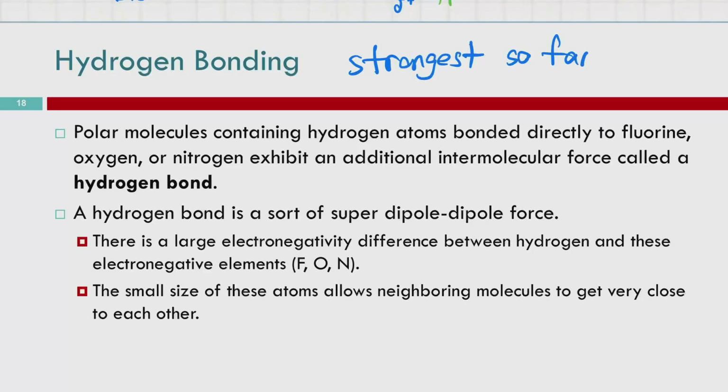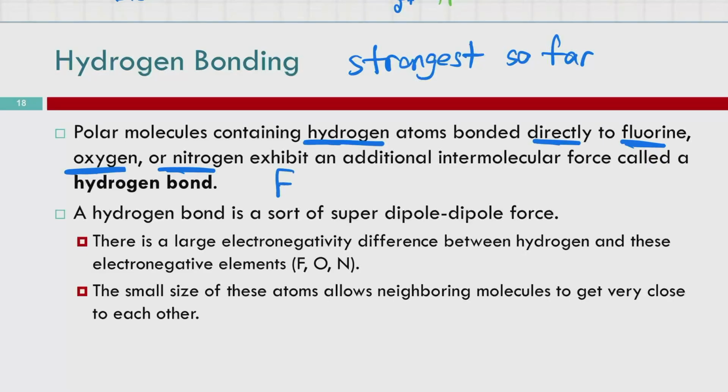Strongest so far. Polar molecules, so things that have dipole-dipole forces, that have a specific circumstance. They have hydrogen atoms bonded directly to fluorine, oxygen, or nitrogen, also have hydrogen bonding.